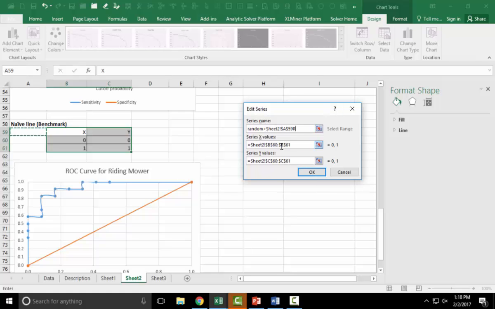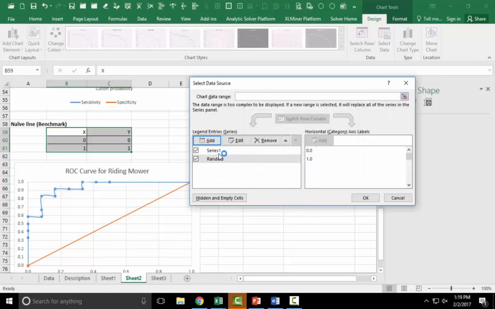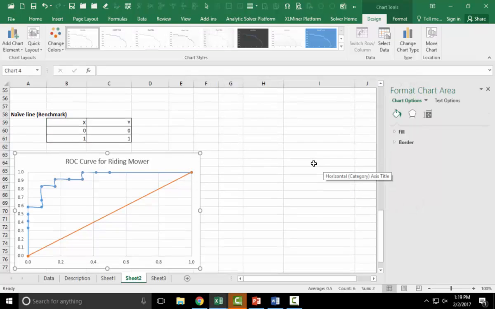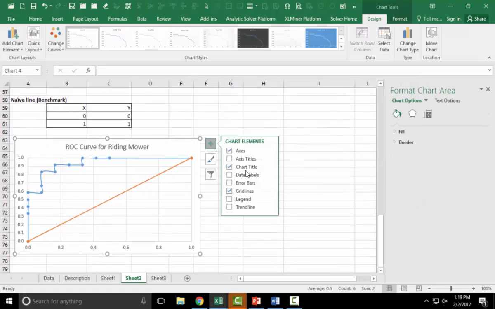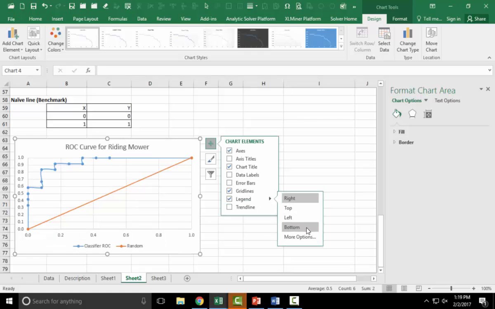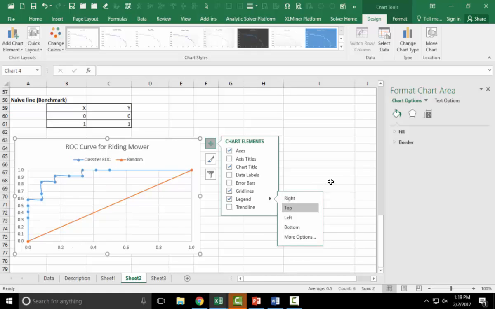And this one is classifier. So let's put the legend, let's say bottom or top.